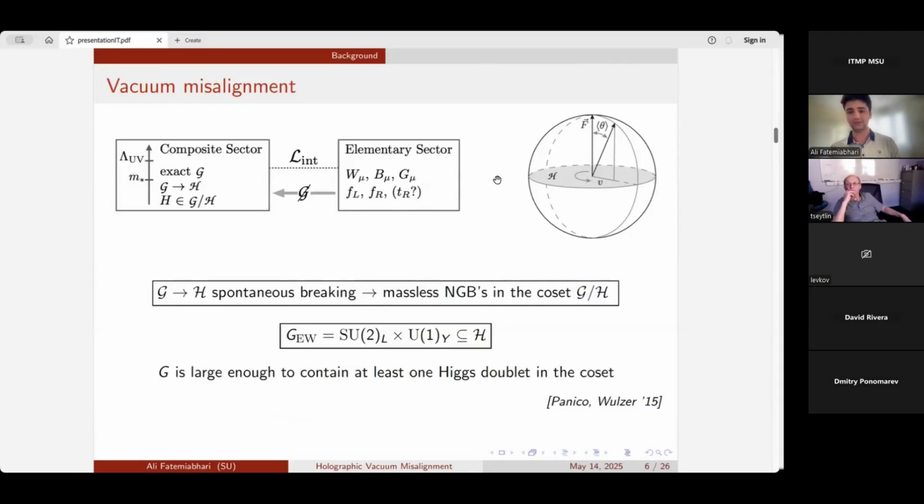Technicolor is more or less Higgsless, meaning that it doesn't have a light Higgs in the spectrum. All of the non-Goldstone bosons get absorbed into the field theory and into the gauge bosons, and that cannot satisfy the bounds of the experiment. So Technicolor is ruled out.